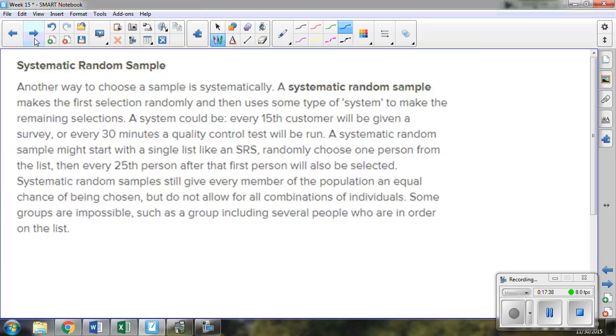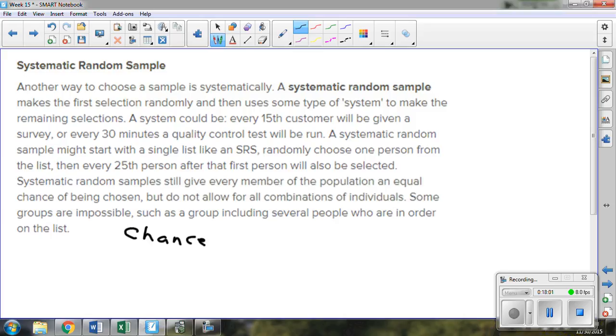Here's our third good one, a systematic random sample. A systematic random sample uses a system. That's why it's called systematic. Now, I'm just picking some of the people that I have in the room. I won't use absolutely everybody. But let's say we start with Chance.